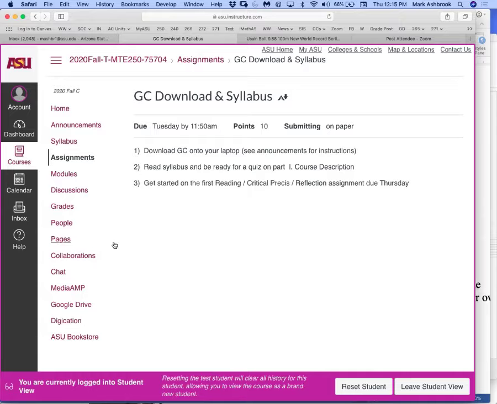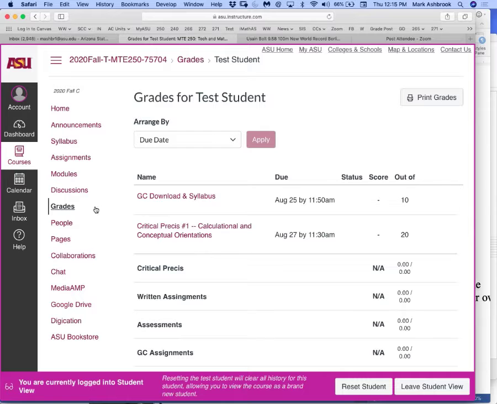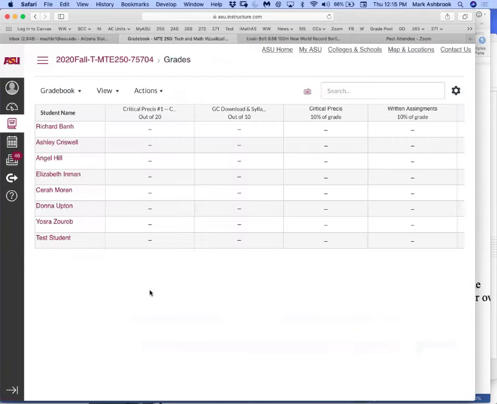Is there an attendance? I'm safe to open up the grades here because there are no grades in there yet. Leave student view. Now there should be attendance somewhere. Oh, here we go. So Richard and Angel are here. Where is Ashley? Ashley's back there. Okay, great. And Elizabeth, I think you had me for just Calc 3. Calc 3 is kind of a hybrid of traditional and the Dirac calculus. Did you have Dirac calculus here? No. You didn't. Well, you're going to get it now.